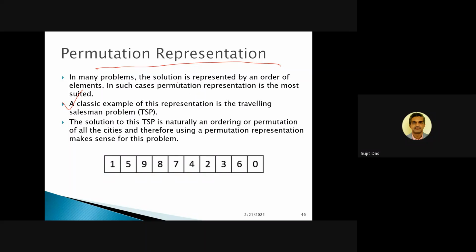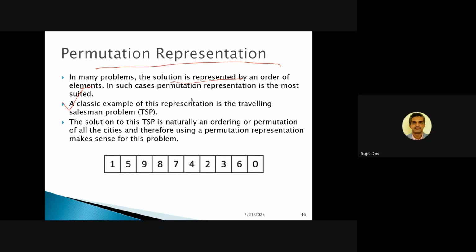Now, what is permutation representation actually? Here, the solution is represented by an order of elements, where none of the elements are repeated. In TSP, what is one solution? A sequence of cities: starting city, visit each city at most one time, come back to the initial city.